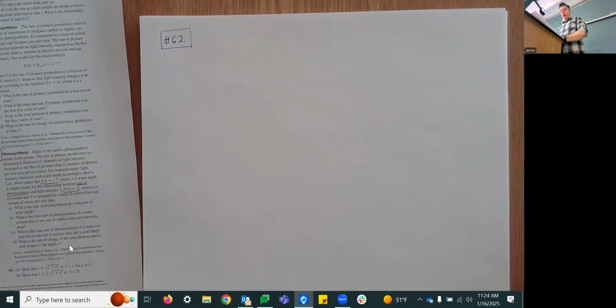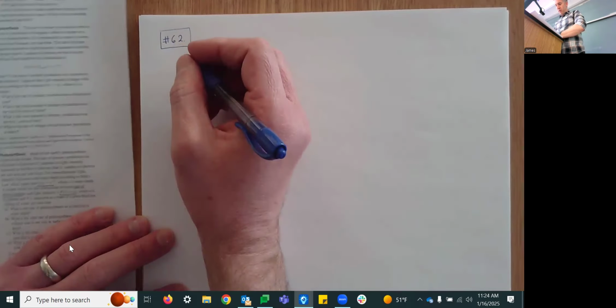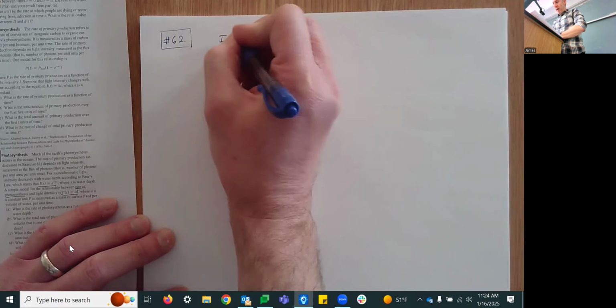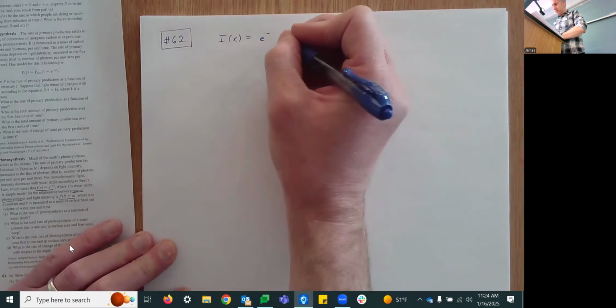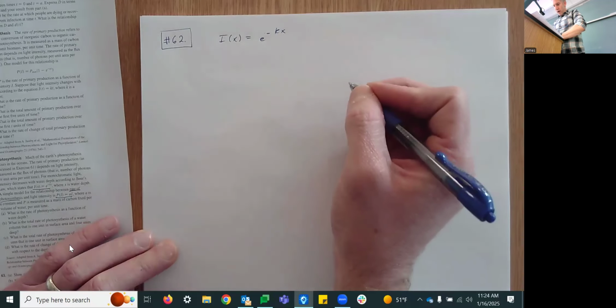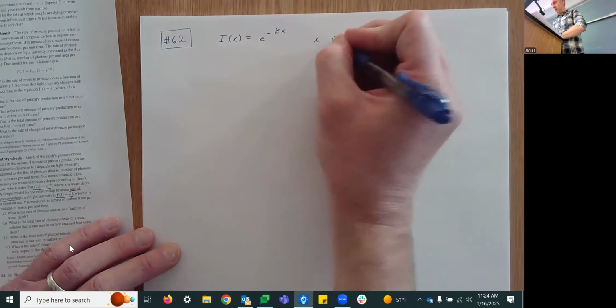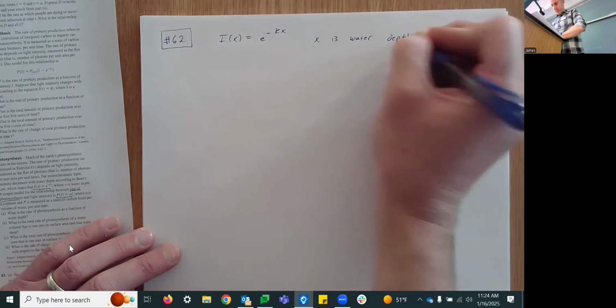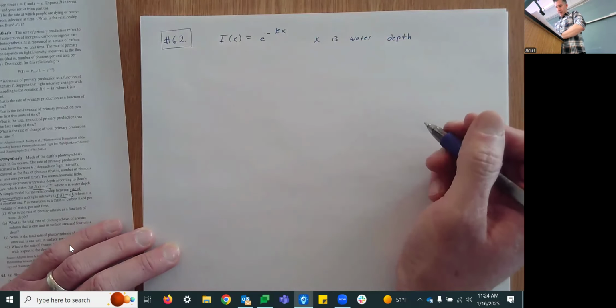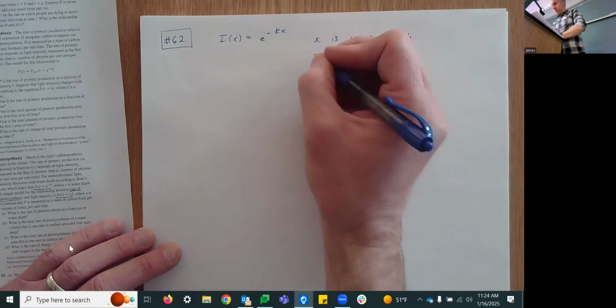For monochromatic light, intensity decreases with water depth, according to Beer's law, which states that, okay, here we have an equation. We have I of x is equal to e to the negative kx, where x is the water depth and I is the intensity.